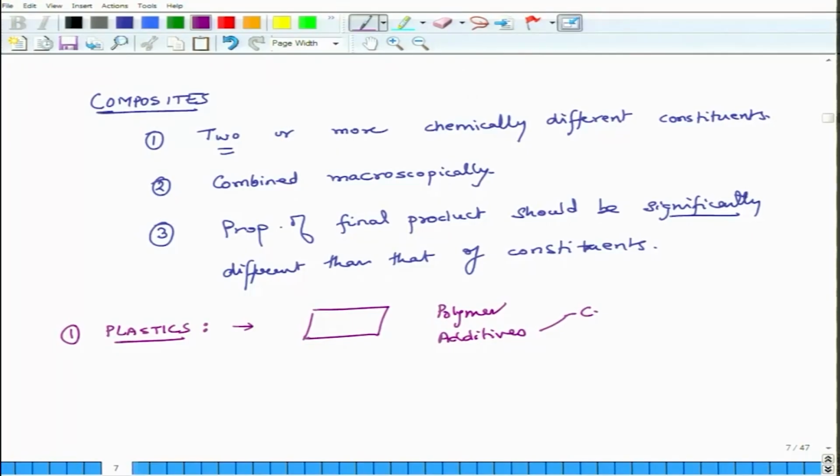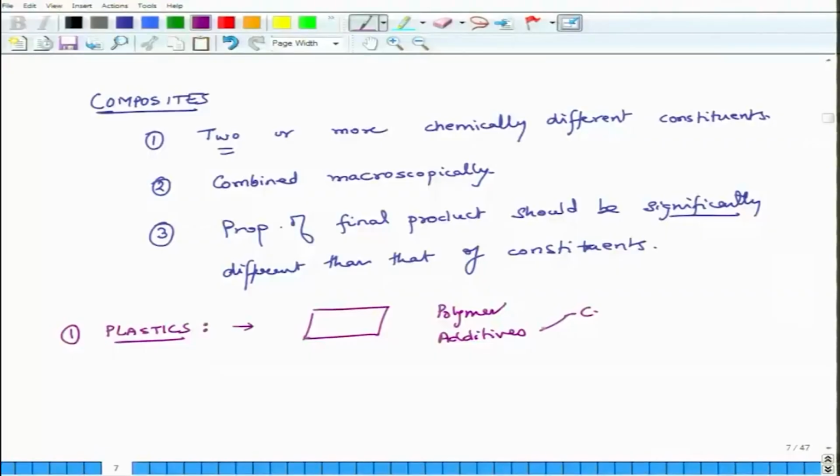Lot of times they put some carbon in it, and carbon makes the material resistant to sunlight and things like that. Or it may have some other additives like mica or talc, and sometimes they add these materials to improve some of the characteristics of the material, or in other cases they just add it to fill up the volume, because they want to use less of polymer and they still want to fill up the volume. So, they put mica, talc, things like that.